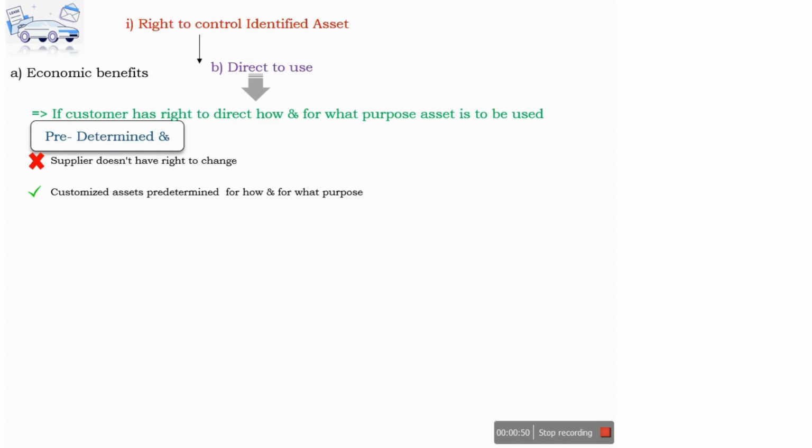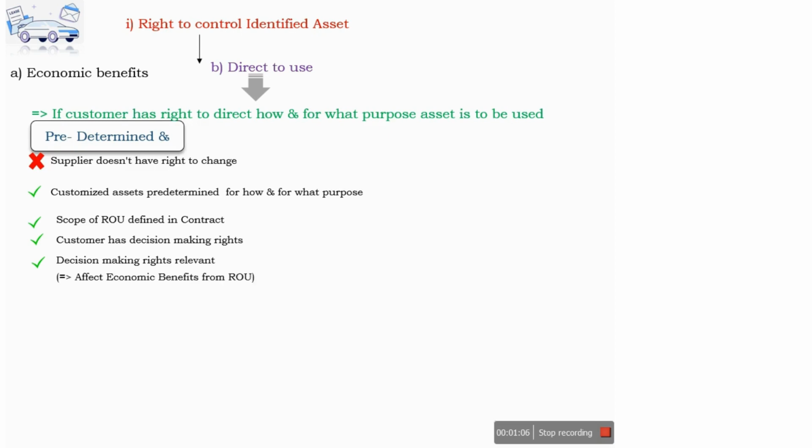We need to check the scope of the right of use that is defined in the contract. If the customer has decision making rights regarding how and for what purpose the asset is to be used, and these decision making rights are relevant and affect the economic benefits from the right of use, for example, change the type of output if the customer is able to do it.